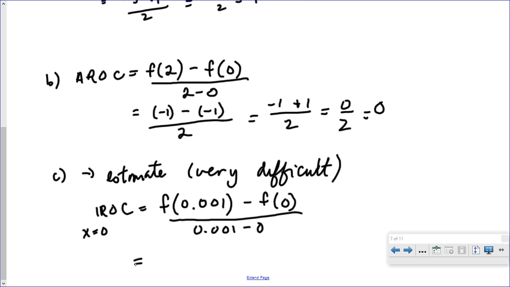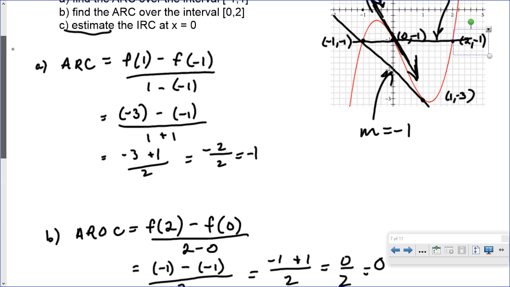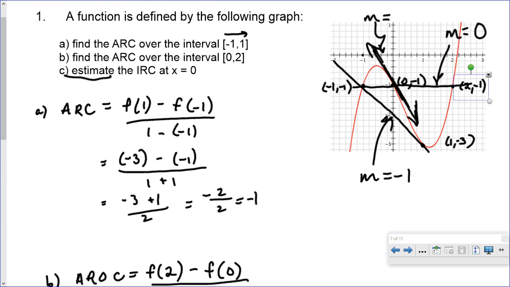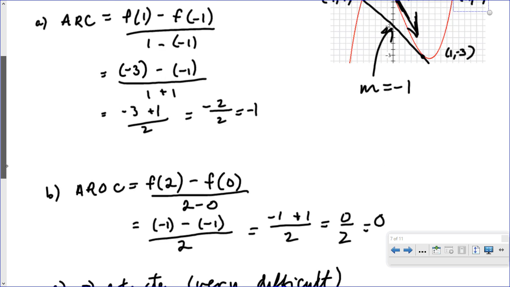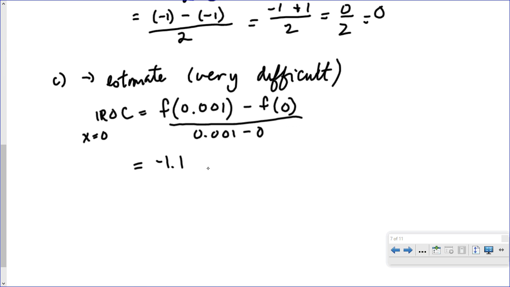So I'd have to find the value of the function at 0.001. Well, that's difficult. At 0.001 would be right in here. I think it's a little bit over negative 1 here, so let's go like negative 1.1 maybe. F at 0 is negative 1, and that would be all over.